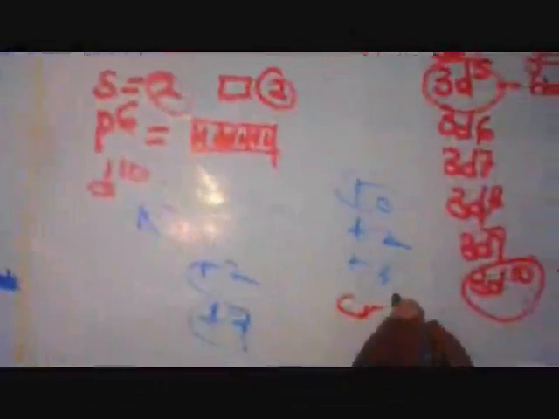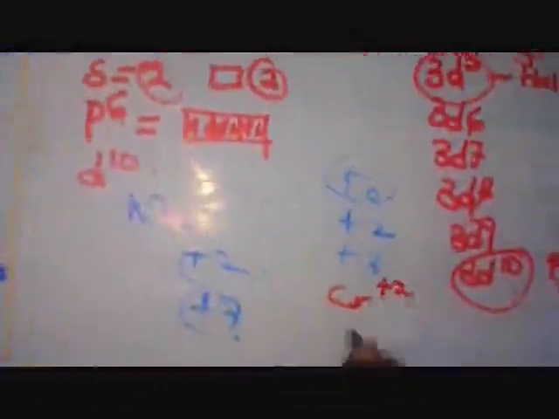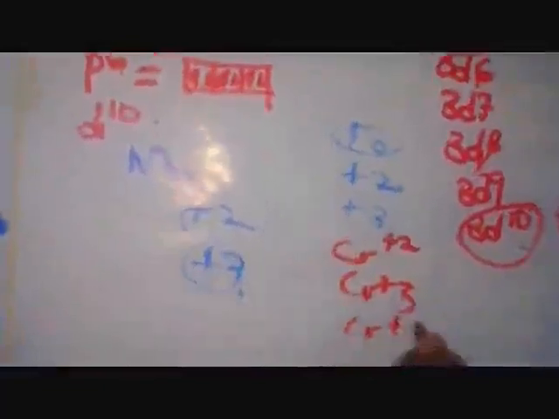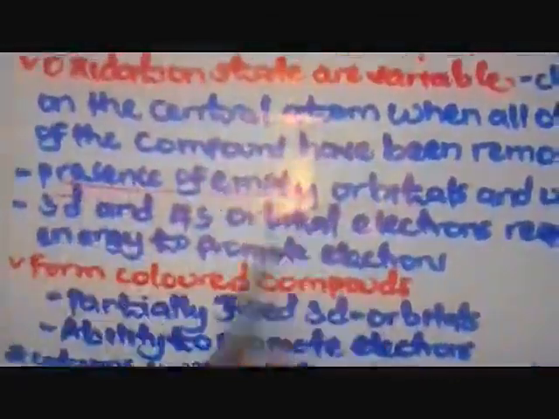We will find chromium 2, chromium 3, chromium 6. Those are variable oxidation states. They have many oxidation states. We are saying the variable oxidation states are because of the presence of empty orbitals and then the unpaired electrons.